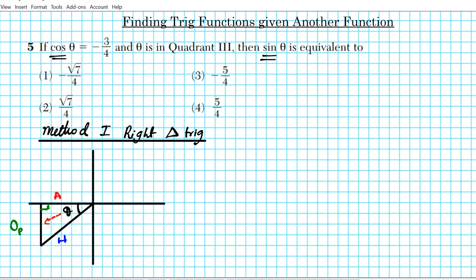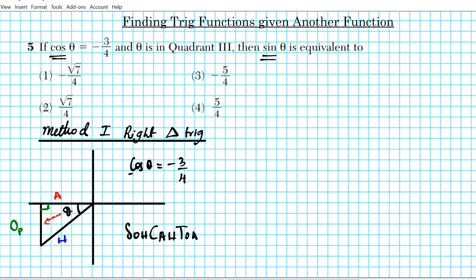So we have this ratio right here: cosine theta is equal to negative 3 over 4. Which is which? What is the opposite, adjacent, hypotenuse? To help us figure it out, we're going to call up our nice little formula, SOHCAHTOA. SOHCAHTOA tells us the relationship between the reference angle and 2 sides of the triangle.